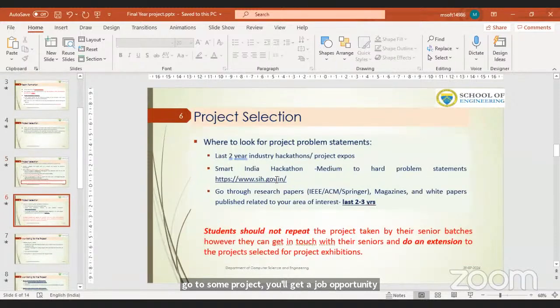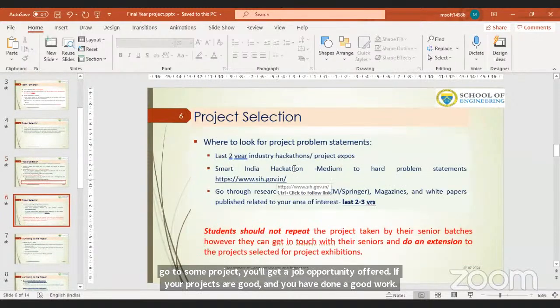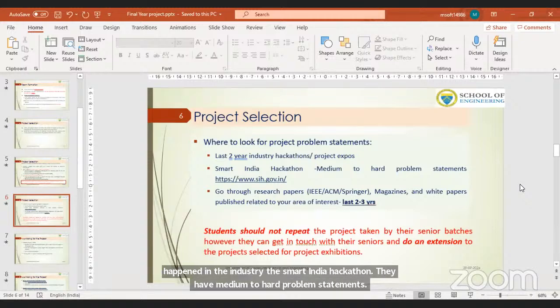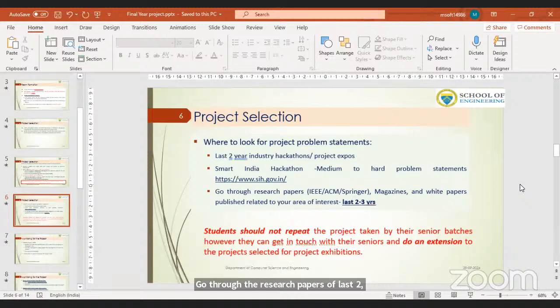So where to look for project problem statements? One is hackathons or project expos from the last 2 years that have happened in the industry. The Smart India Hackathon has medium to hard problem statements. Go through research papers of the last 2-3 years, but only from reputed journals and conferences like IEEE, ACM, Springer, and technical magazines like CSI.